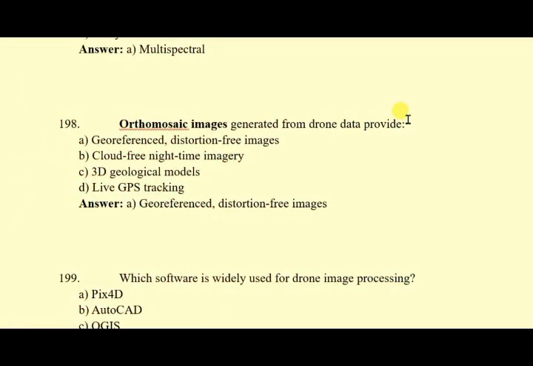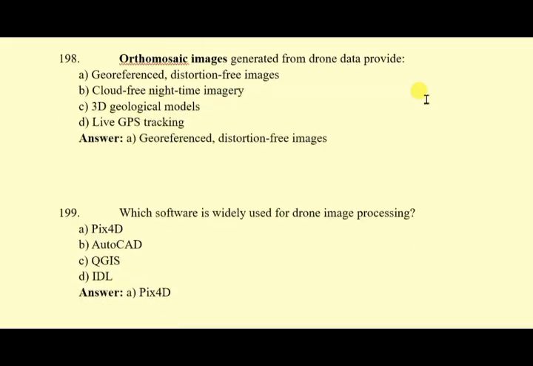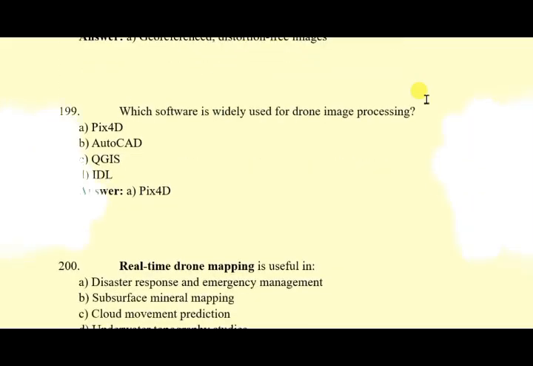Question 198. Orthomosaic images generated from drone data provide georeferenced distortion-free images, cloud-free nighttime imagery, 3D geological models, live GPS tracking. Here the right answer will be georeferenced distortion-free images. Question 199. Which software is widely used for drone mapping image processing?